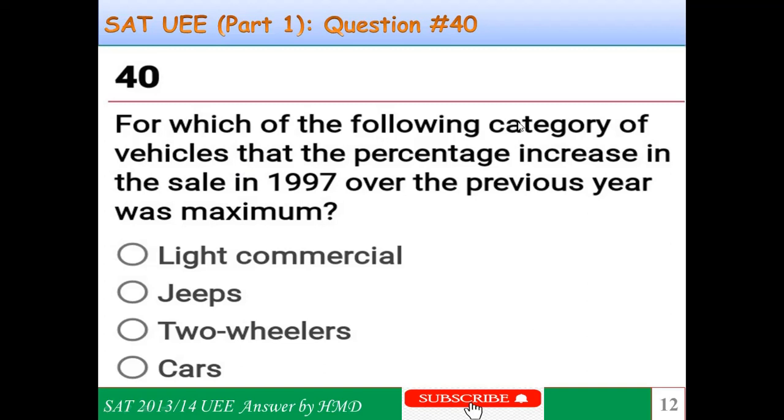A. Light commercial, B. Jeeps, C. Two-wheelers, D. Cars. Before watching the answer, please try to do it by yourself. Alright? I hope you got the answer, and let's check together.